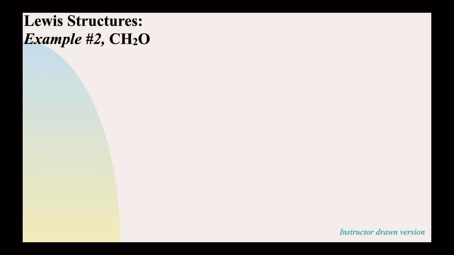This one's going to be CH2O, okay? This compound actually has the name formaldehyde, and we'll talk about that later, but that's not important right now. What we want to do is draw this Lewis structure. So if you look at CH2O, usually the first atom listed will be the central atom, and carbon is usually a good bet, by the way, for central atoms.